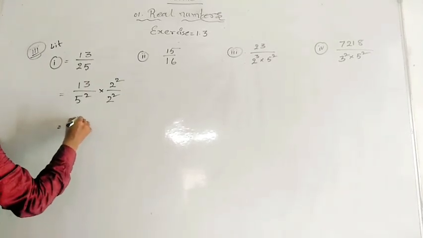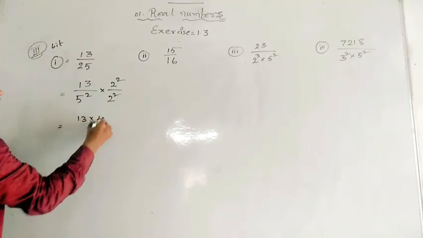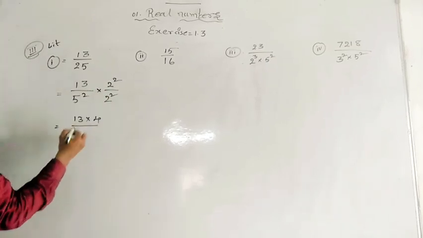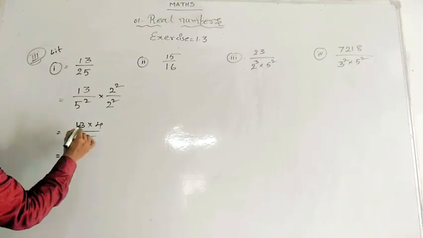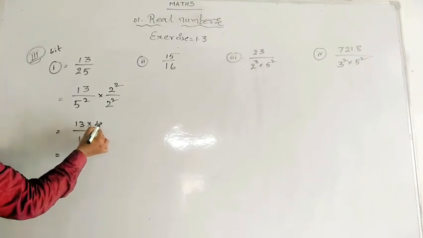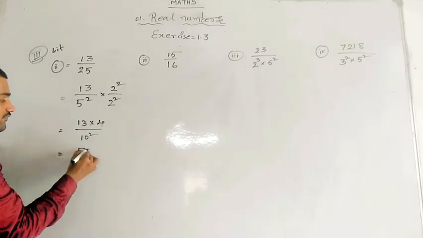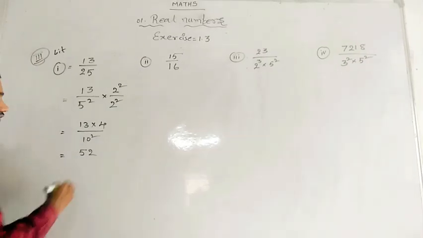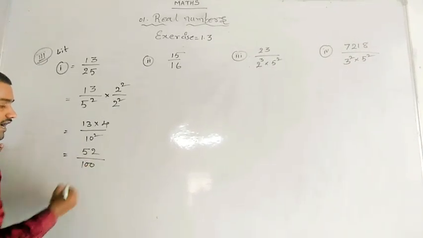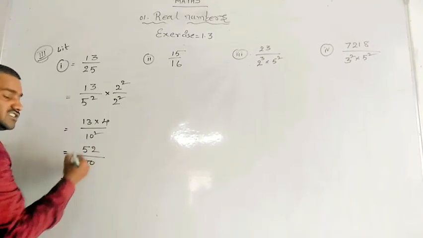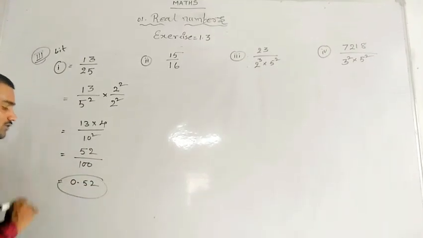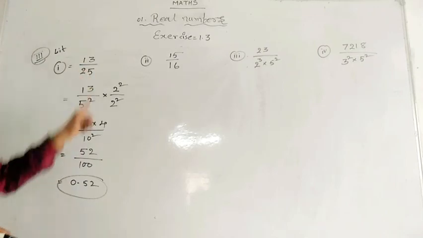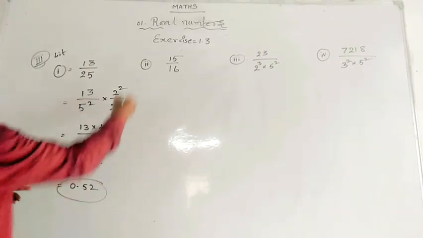Now 13 into 2 square is 13 into 4. 5 square into 2 square, that is 10 square. Now 13 fours are 52. 52 by 10 square is 100. Nothing but you change it into the decimal expansion now. 0.52. This is by using the theorem actually 1.4.